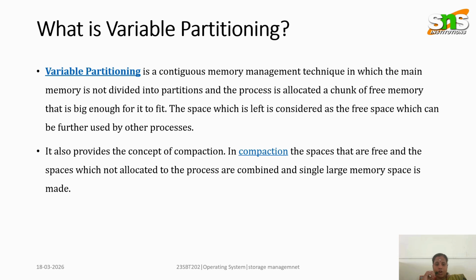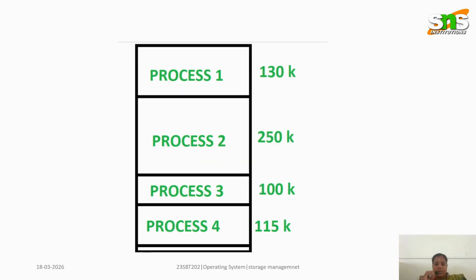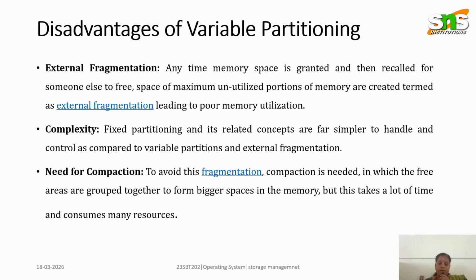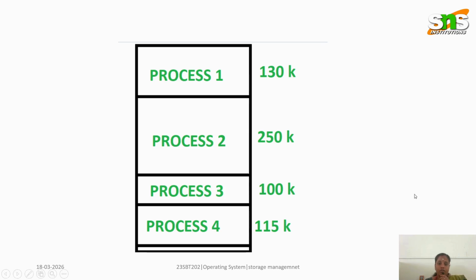It also provides the concept of compaction: the free spaces that were not allocated to a process are combined, and a single large memory space is made. See, if process 3 and 4 are available as free space, but I need one big block to complete this process, I can combine both so that I can use it to complete the task.